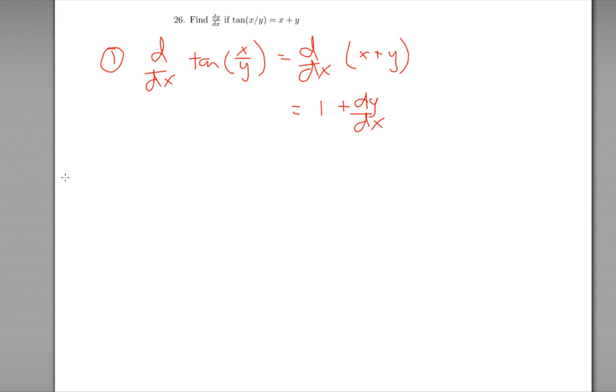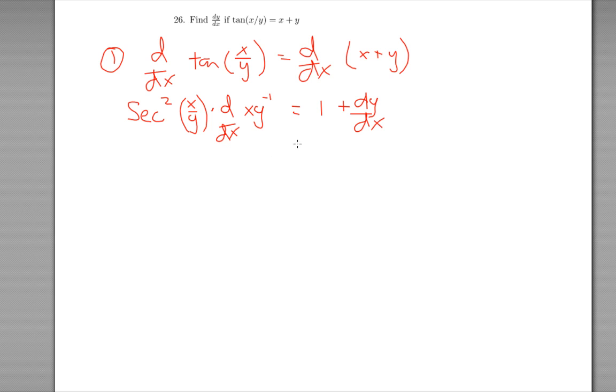So we need to use the chain rule here. So after what we just learned about the chain rule, we take the derivative of the outside function. The derivative of tan is secant squared (x/y). So that's the derivative of the outside function times the derivative with respect to x of the inside function, which is x y to the negative 1.